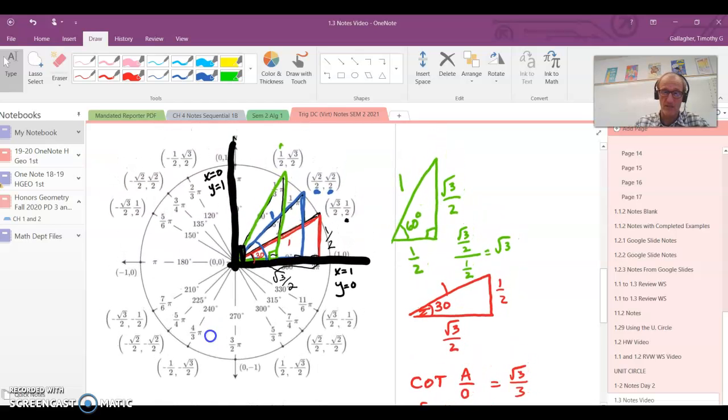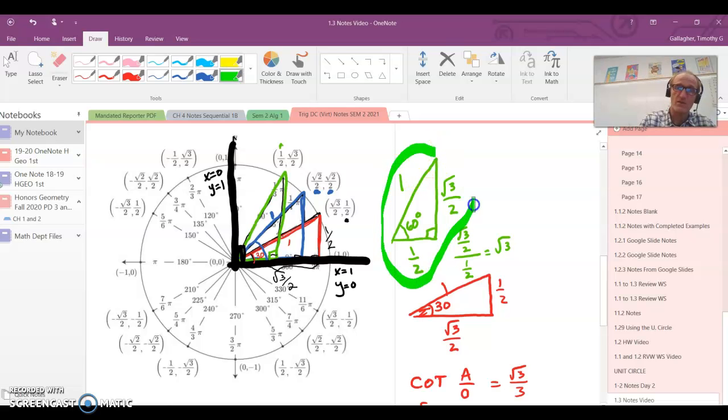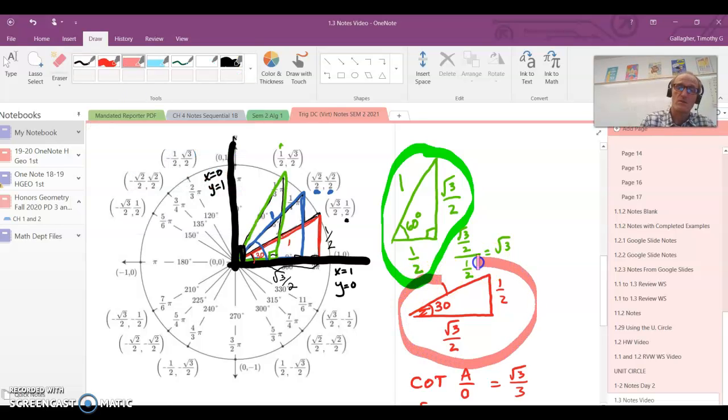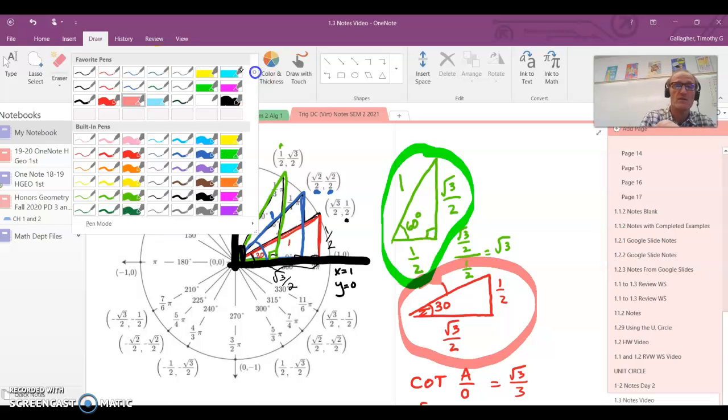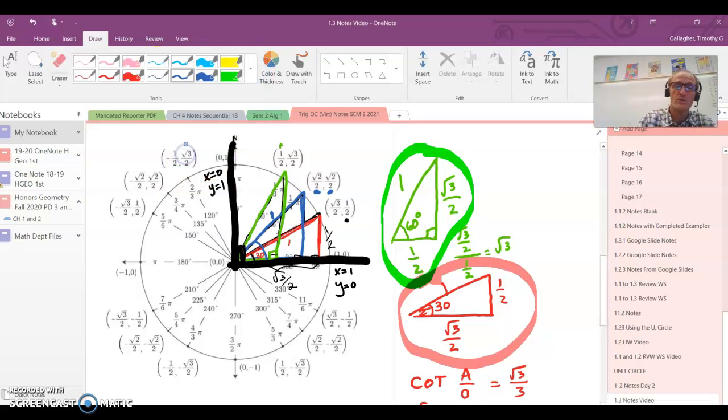There's the 30, 60, 90, or there's this 60 degree triangle here. There's the 30 degree triangle there. And lastly, we have the 45, 45, 90 triangle, the blue one there. This angle is 45 degrees or pi over 4. And this length is the square root of 2 over 2, and this length is also square root of 2 over 2. And the length of the hypotenuse is 1.